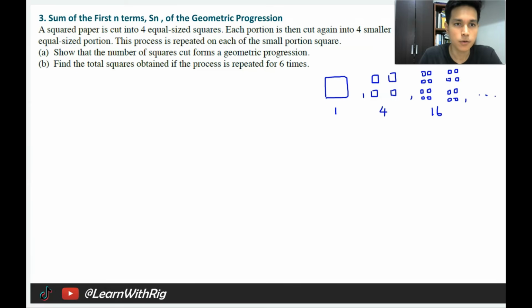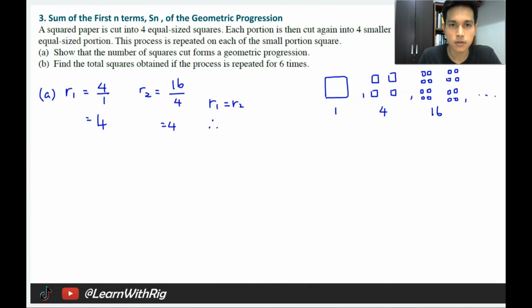They want you to show in question A that it's a geometric progression. So geometric progression means what? R1 is equals to 4 divided by 1. In this case is 4. What about R2? 16 divided by 4 equals to 4. Correct? So in other words, R1 equals to R2.